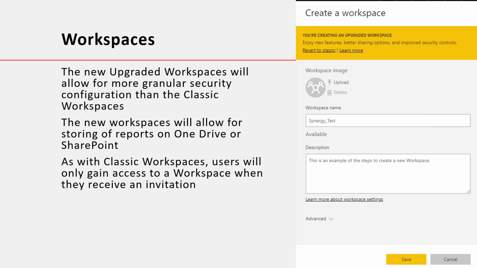When you're granting access to a workspace, you're going to do that through email, and you're going to send an invitation to the workspace to users. So Microsoft made some changes last year. They have the classic workspaces and the new workspaces, but for the most part, the workspaces function like folders to store reports, like I said.